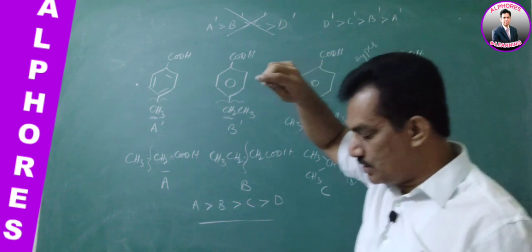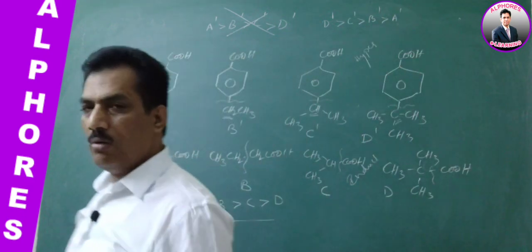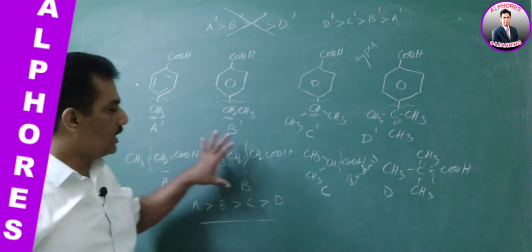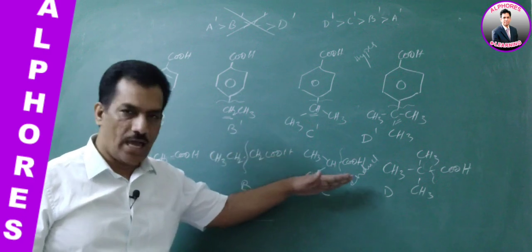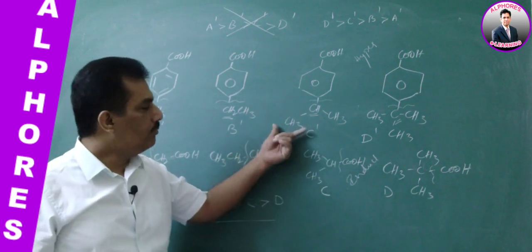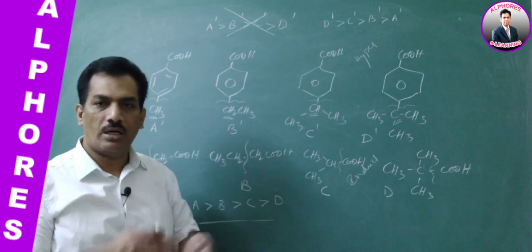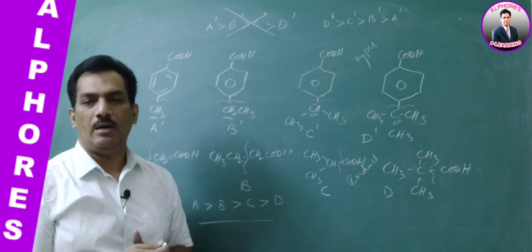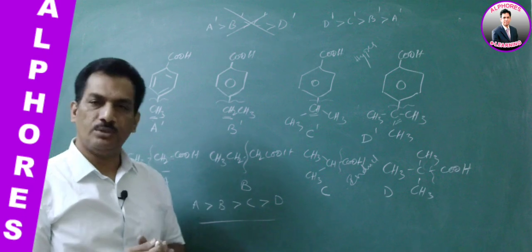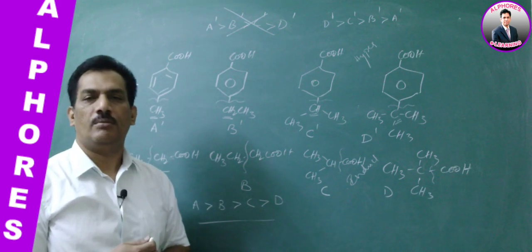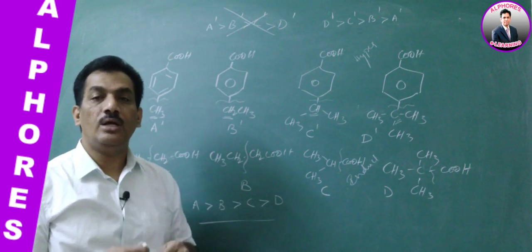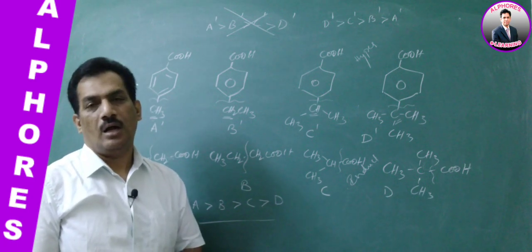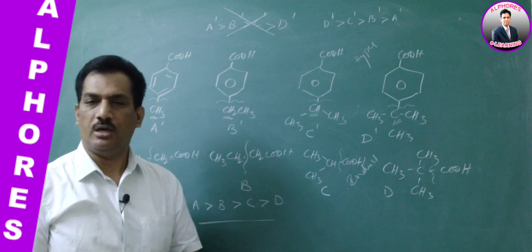Dear students, just observe the effect of the donating group when the same alkyl groups are present in aliphatic chains and in benzene. They are getting reversed, because the donating power in an aromatic compound, when the alkyl group is attached to the benzene ring, is related to the number of hyperconjugations, which is related to the number of hydrogens present on the benzylic carbon.